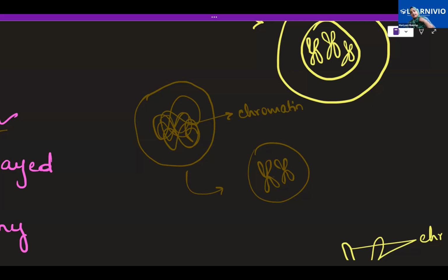Centromere. And what is the disc-shaped structure present on the centromere? Remember, the name resembles an ice cream cone. This is the chromosome. Right here is the centromere. On the centromere, there is a disc-shaped structure for the attachment of the spindle fibers.